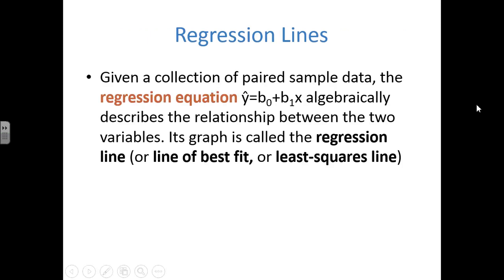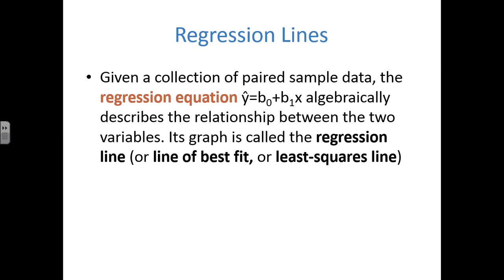Now, the next concept we're looking at is regression lines. Given a collection of paired sample data, x and y, where x is going to be our independent variable and y is our dependent variable, we can come up with the regression equation: y hat equals b naught plus b sub 1 x.